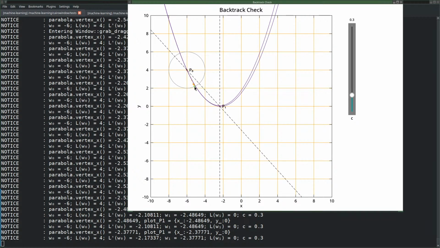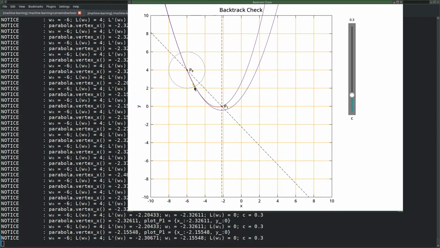In this case it's equal to the parabola. And now it gets to the other side of the parabola, but there's still not really a minimum, but actually there is. There is now a minimum here, which is between P0 and P1. So we do have an overshoot at this point.